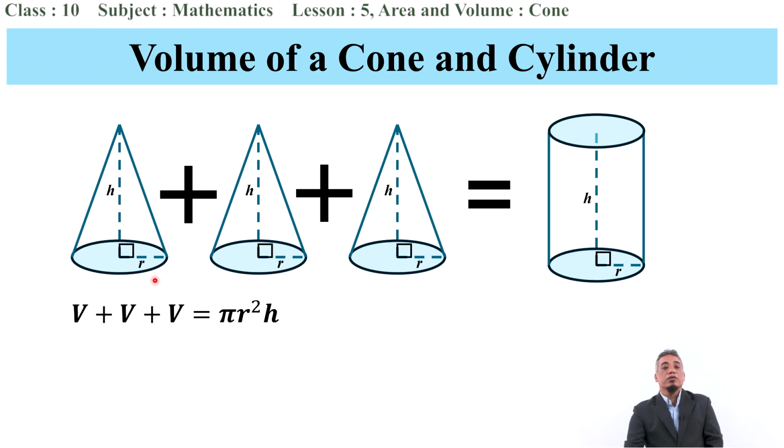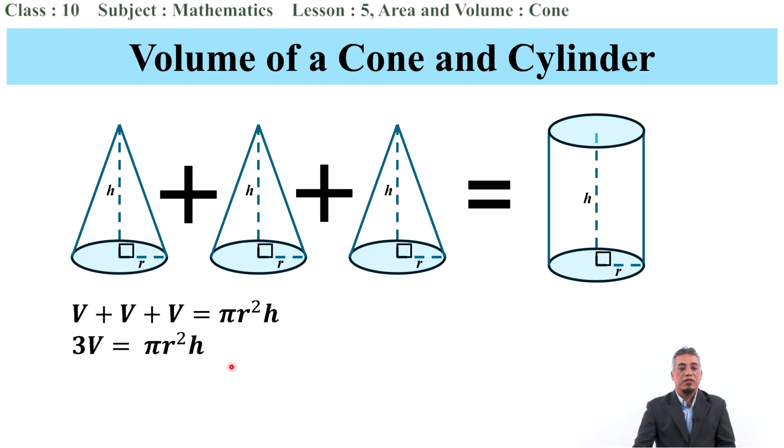So, these 3V make 3V equals pi r square h. As the radius is the same and the height is also the same, we can say these are the height and radius of the cone also.